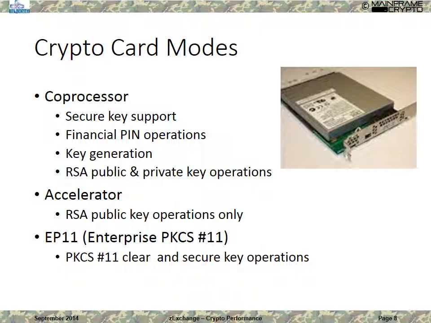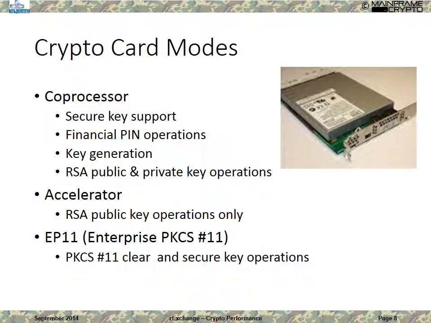Finally, you can configure the card as an accelerator. When you configure the card as an accelerator, it can only do public key RSA encryption. It's very, very fast, and we'll see that on a later slide, but that's all it can do. You can't do secure key AES or triple DES configured as an accelerator.